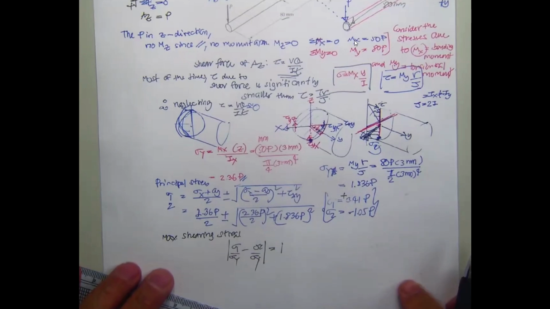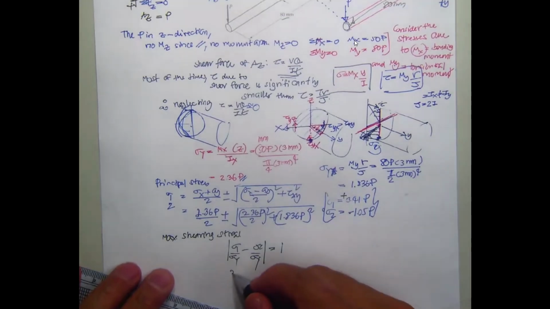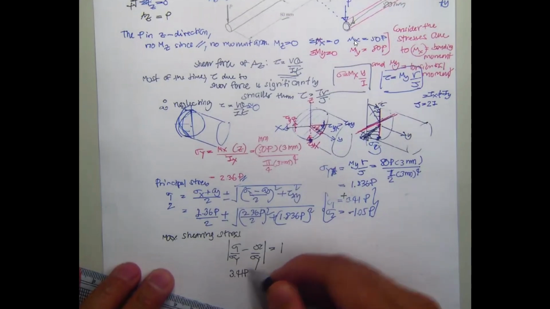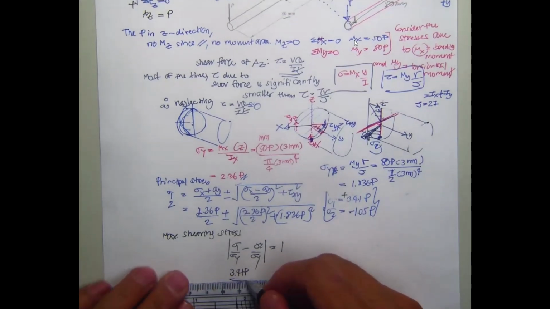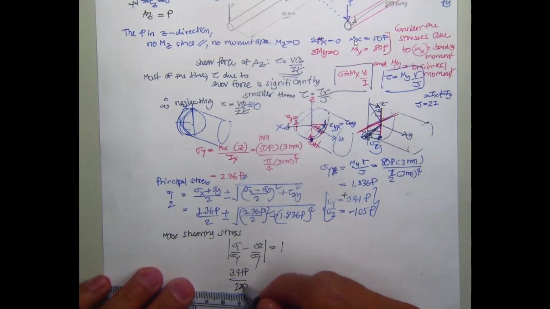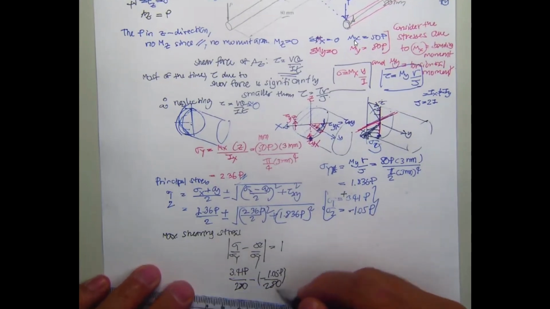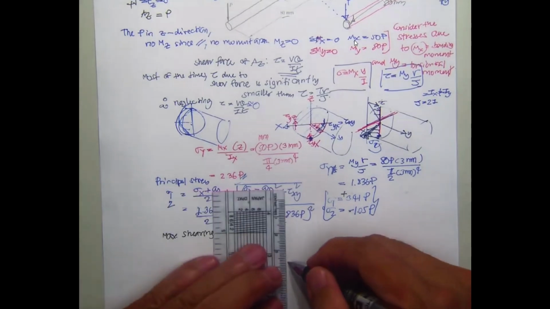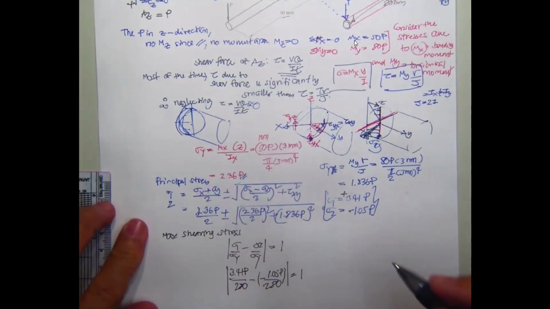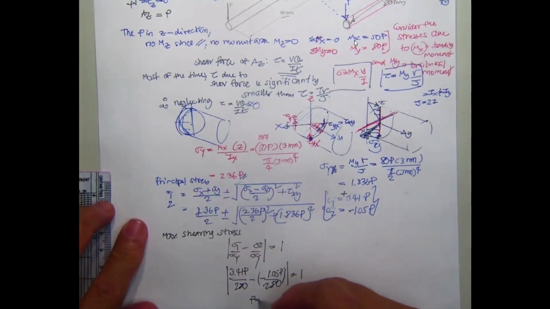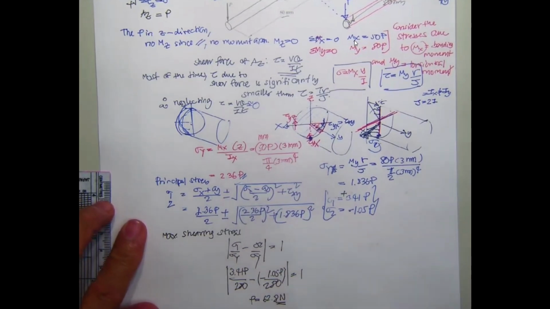Now we have 3.41 P over 280 minus of the minus 1.05 P divided by 280, and then put it equal to 1. So P is going to be 62.8 Newton.